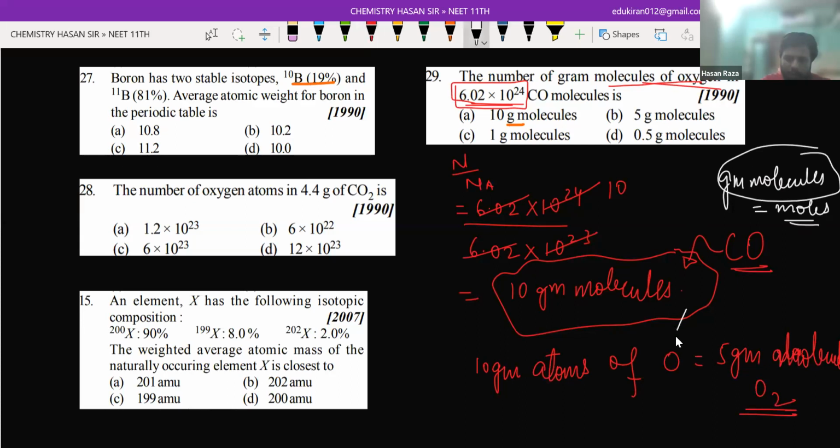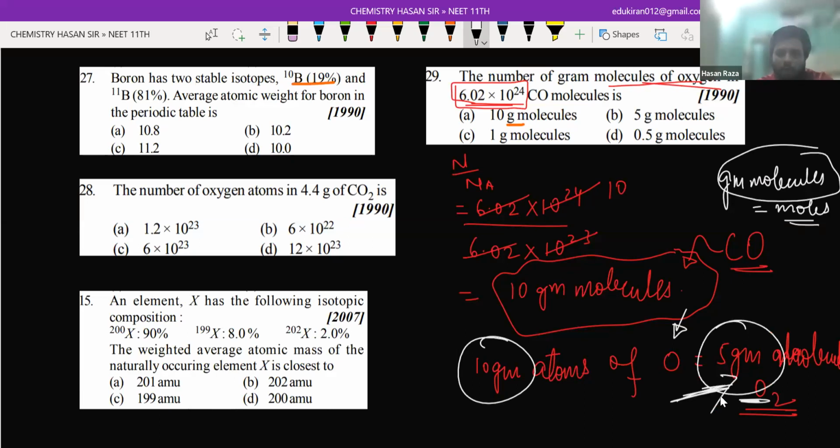Since for one oxygen it is 10 gram, for a molecule in which two oxygens are involved, you need to divide it and you will get 5 gram molecules of oxygen. Are you getting my point? Yes, sir, I understood. Please do write it. 10 moles of CO will be equal to 10 gram atoms of oxygen, and that will be equal to 5 gram molecules of O2. That is divided by 2 basically.